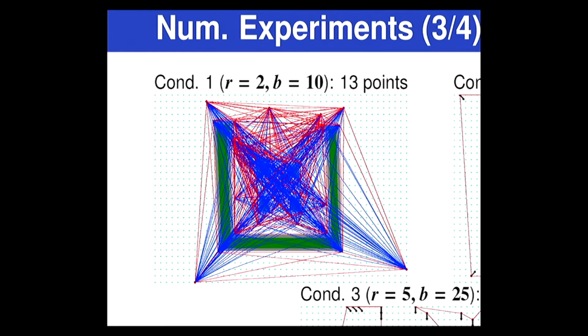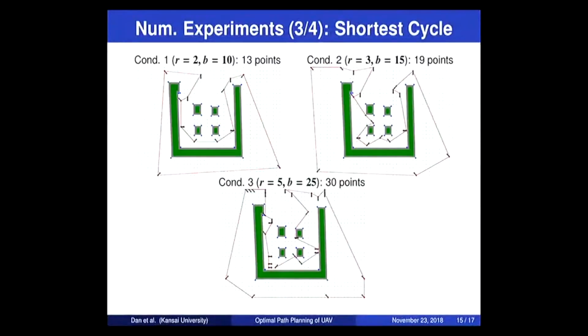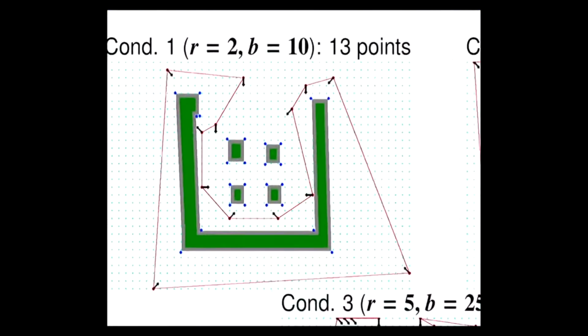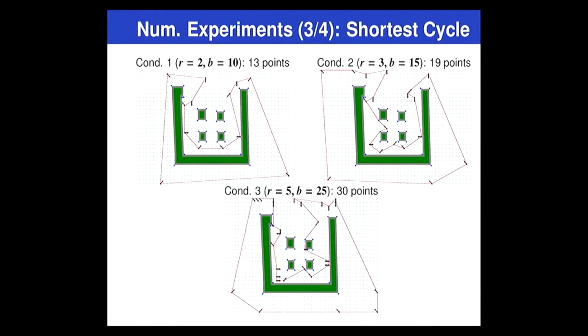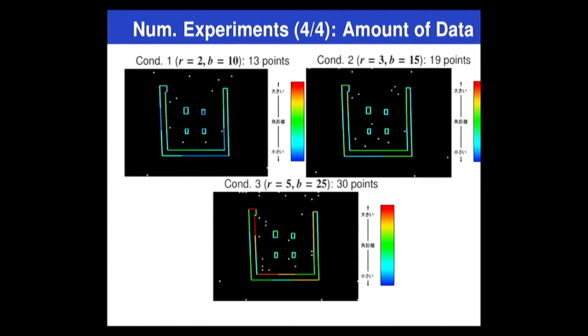So we solved the TSP on this visibility graph of red lines. And finally, we obtain this shortest cycle. This is the shortest cycle for condition 2, and this is the shortest cycle for condition 3. And this is the heat map.